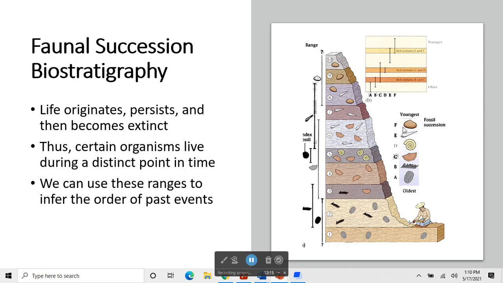And then above that, we have other similar fossils that, in a similar fashion, lived for a certain amount of time and went extinct. So when we see this gray one, the trilobite, we know that it must have been alive during that point in time and that the rock layer that it was found in must have also been deposited during that time period. The same goes for our brachiopods up here and for the younger fossils at the top.